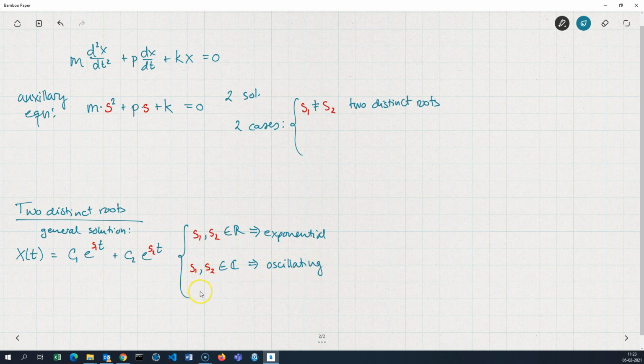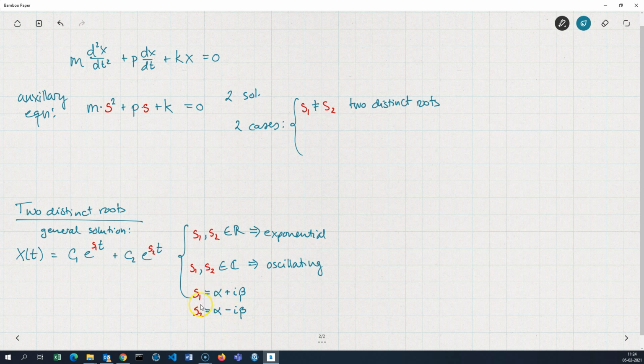If they are complex numbers, we can write them in a certain way. Then s1 is equal to a real part, let's call it alpha, plus i times an imaginary part, let's call it beta, and s2 would then be the same real part minus i times that imaginary part.